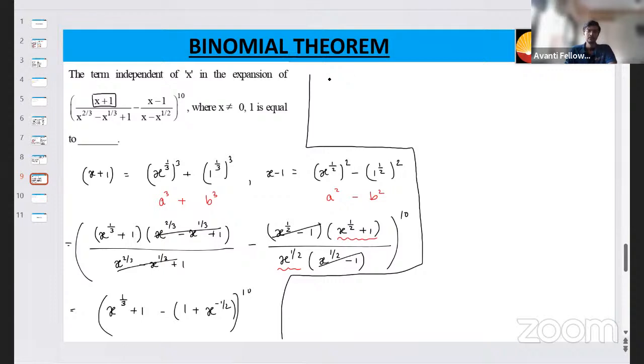Correct? So that is x raised to the power 1/3 minus x raised to the power minus 1/2, the whole raised to the power 10. खत्म, 1 तो cancel हो गया.